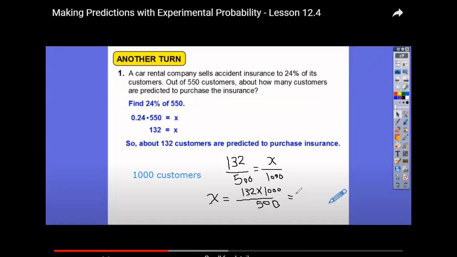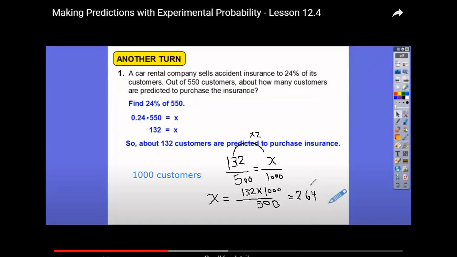And you can answer it another way. What is the relation between 550 and 1000? What happened to 550 to become 1000? We multiplied by how many? Multiplied by 2, right? So we can say directly 132 multiplied by 2.